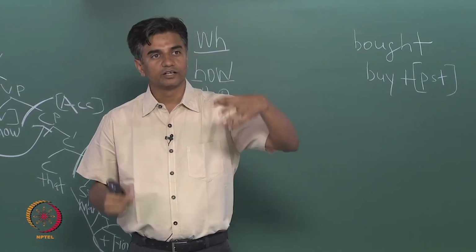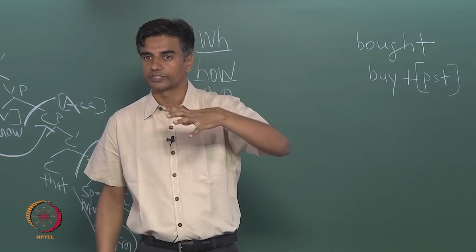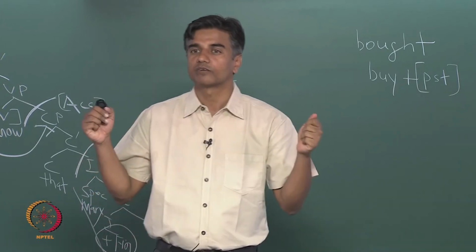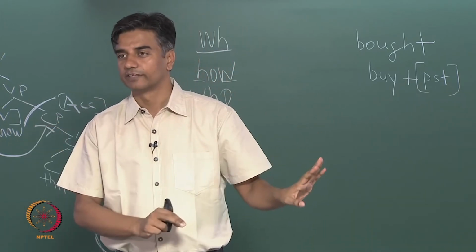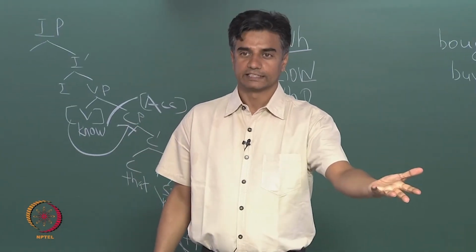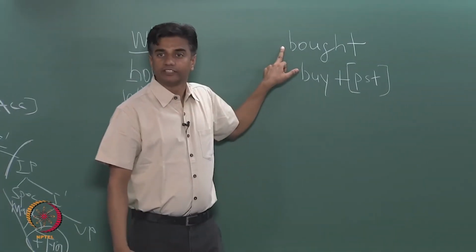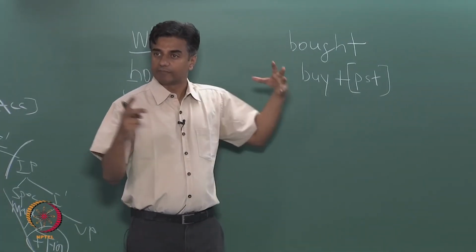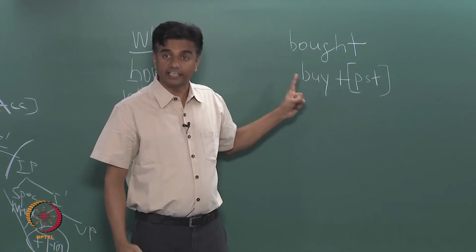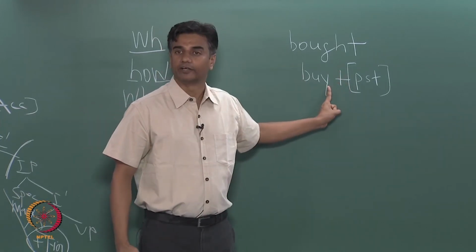The water and flour are mixed with proper proportion in such a way that it's going to be almost impossible to remove water from that dough. You can throw everything apart, but you can't really extract water and leave the flour exactly the way it was before. If you look at the verb buy, bought, the tense and the verb is mixed in such a way like water and dough. But in a language, it's possible to extract tense and leave the verb apart.